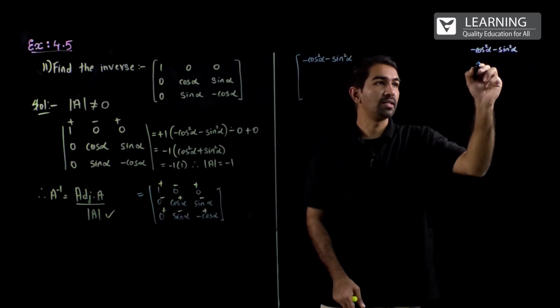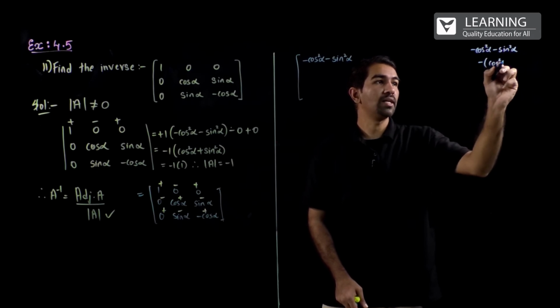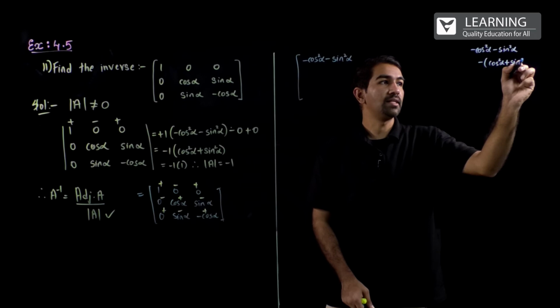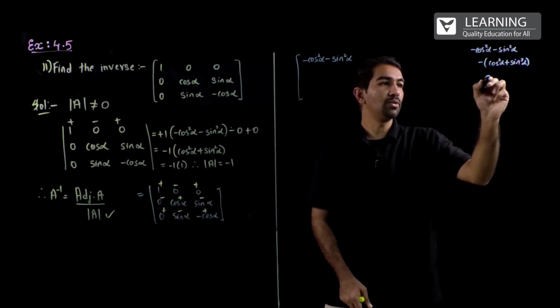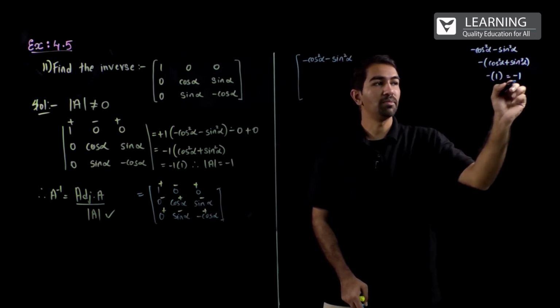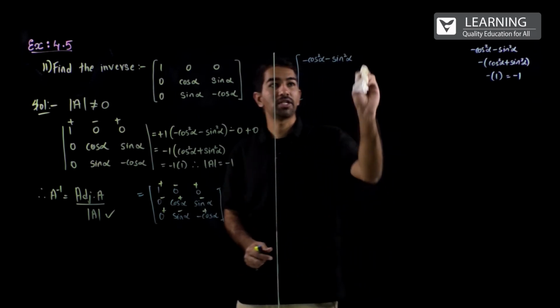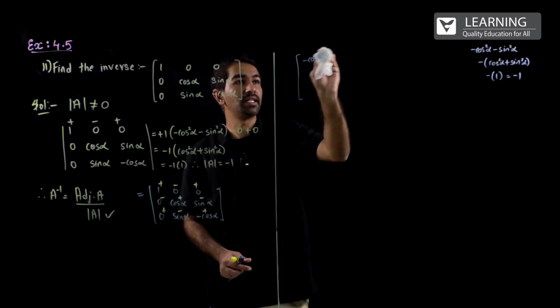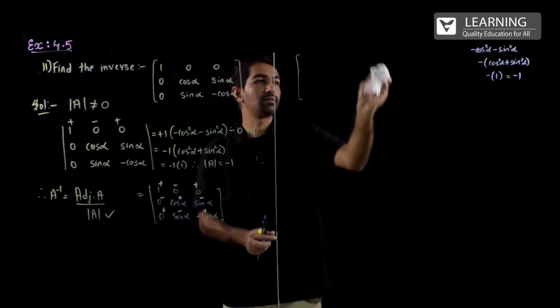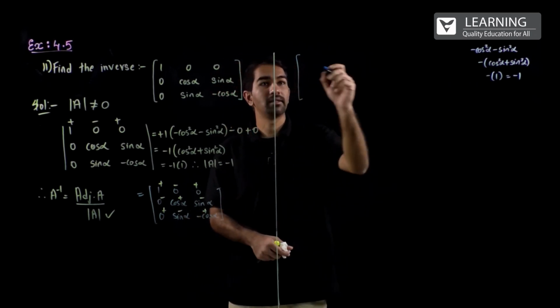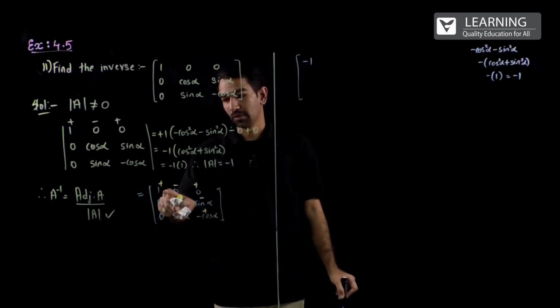If you take out minus outside, it becomes cos square alpha plus sin square alpha, so this is equal to minus of 1, which is equal to minus 1. So instead of writing minus cos square alpha minus sin square alpha, we will write minus 1. So this is done.